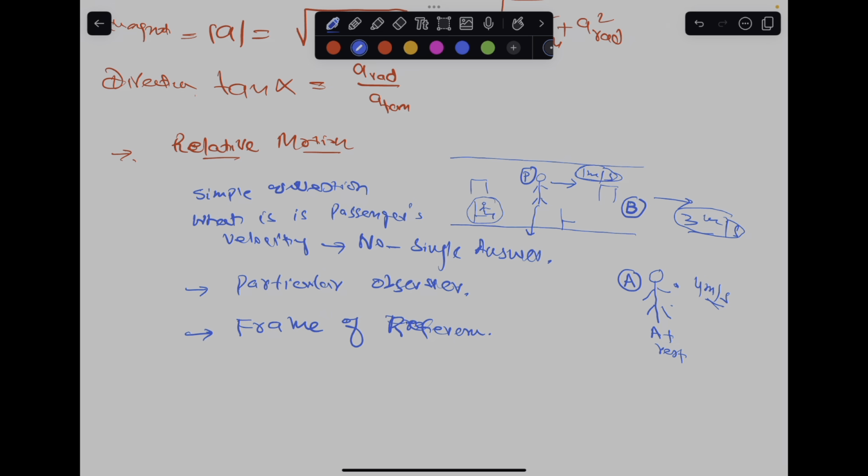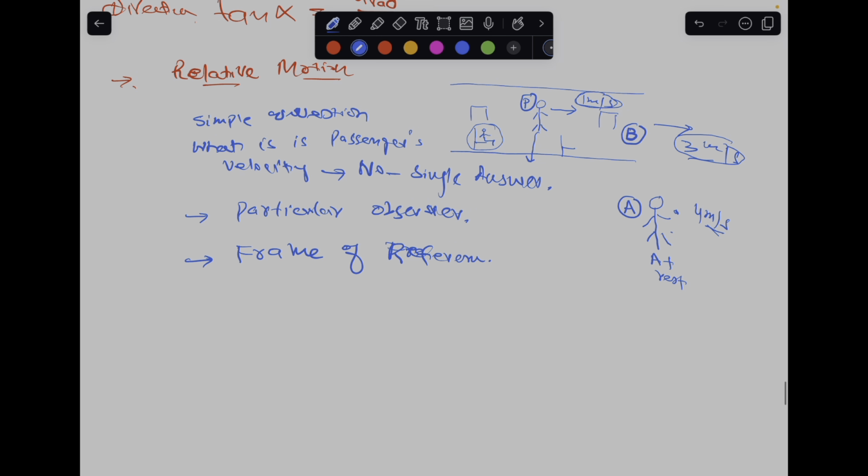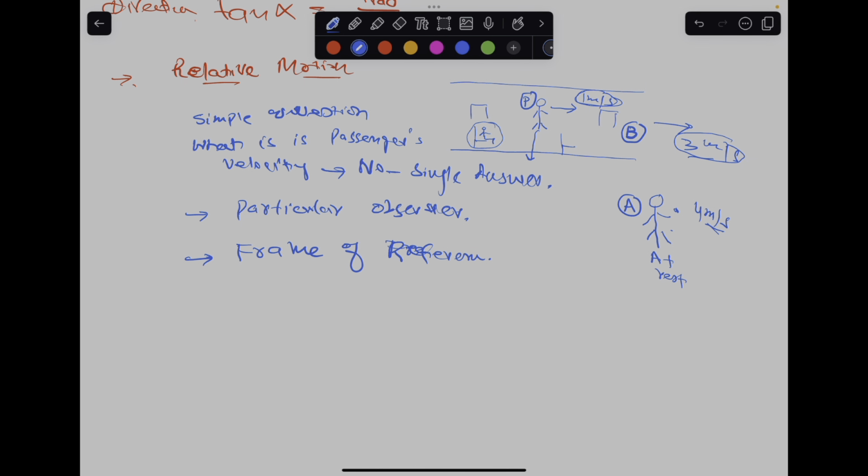The train is moving along a straight line, and the point P is relative to the frame A. So the position of the passenger with respect to A is x PA, and the position of P relative to B is x PB, and the position of the origin of B with respect to A is x BA.